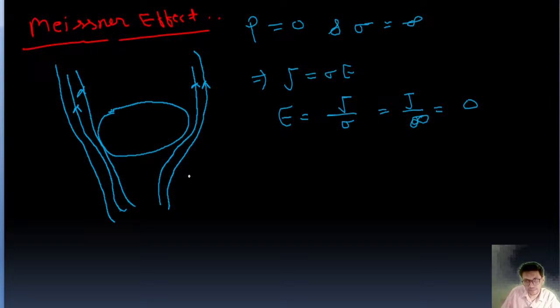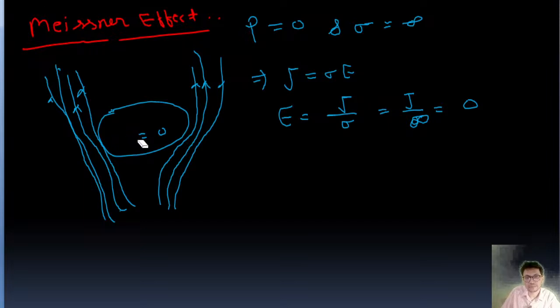They don't penetrate the diamagnetic material. It means in diamagnetic material, the magnetic field inside, B in, is 0.